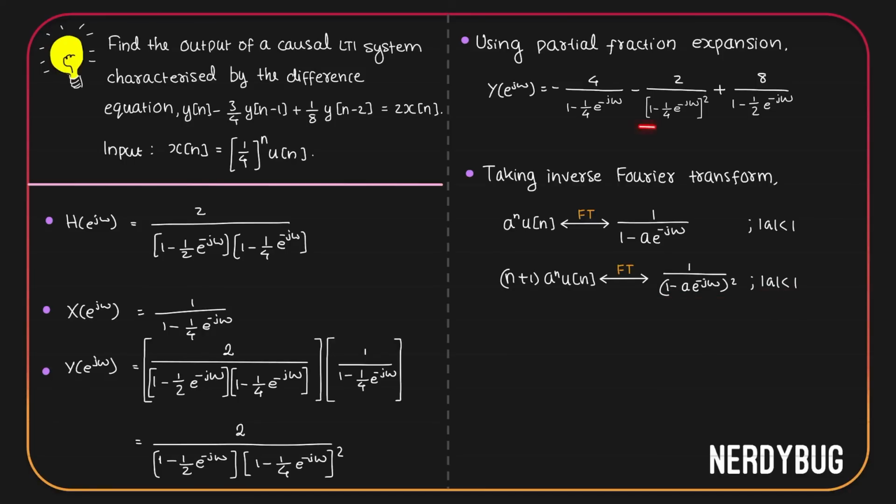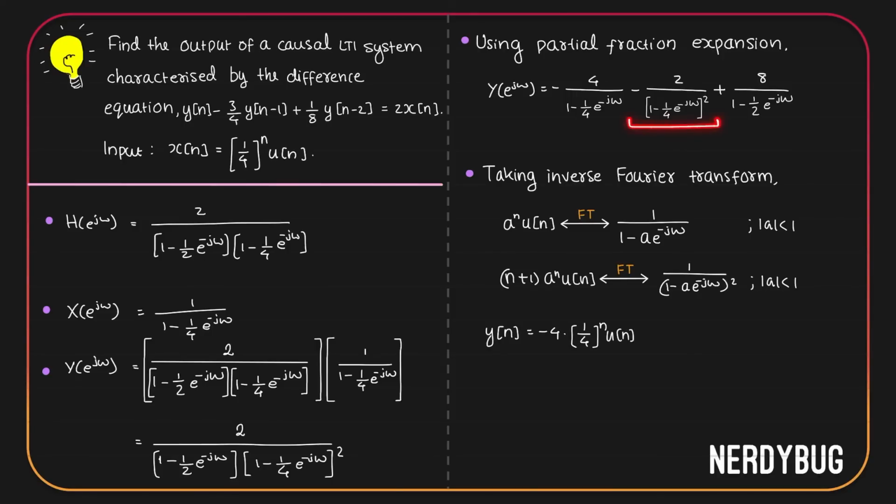Here we have minus 2 divided by (1 minus 1 by 4 e raised to minus j omega) whole square. Coefficient is minus 2, that doesn't matter, and a is 1 by 4, which is less than 1. So using this, we can write the output y of n is going to be inverse Fourier transform of this one will be minus 4 (1 by 4) to the power n u of n.